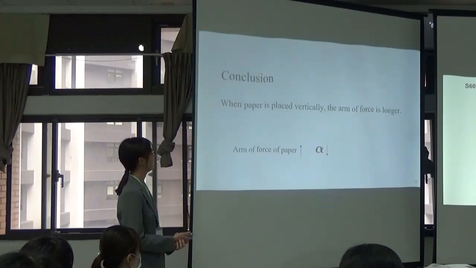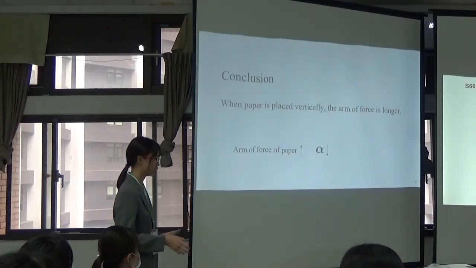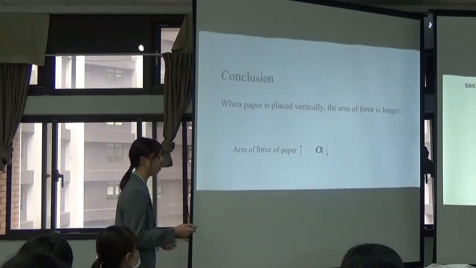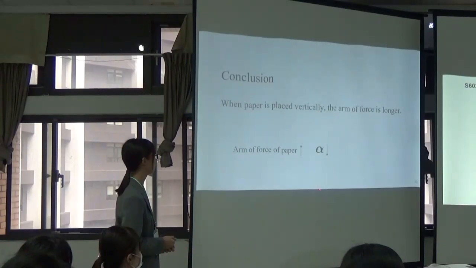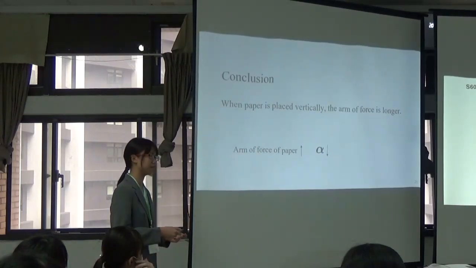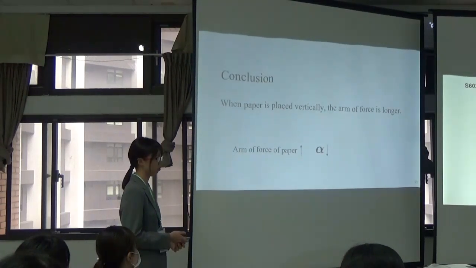So the conclusion is, when the paper is placed vertically, it covers much further from the fulcrum of our ruler, so the arm of the force is longer. This also matches our theory: when the arm of the force of the paper is bigger, the angular acceleration will be lower, and the ruler won't fall off that easily.